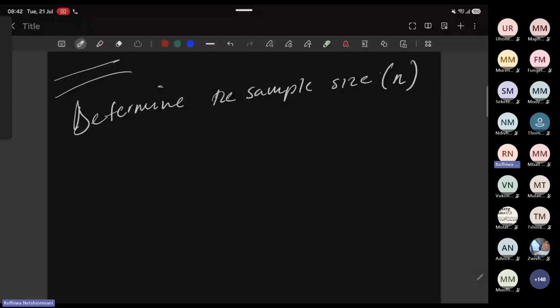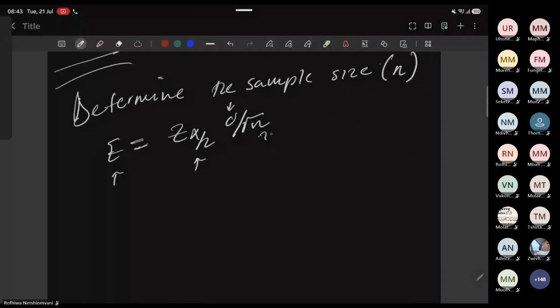So let's say you are not given n, but you are given everything else. This is where the margin of error comes in. So we have E equals Z alpha over 2 sigma over square root of n. Let's say you are given E, you know how to find Z, and you are given sigma. Now what we want is n. Then the only thing to do is make n the subject of the formula. Previously, I would make you derive the formula, but no longer.